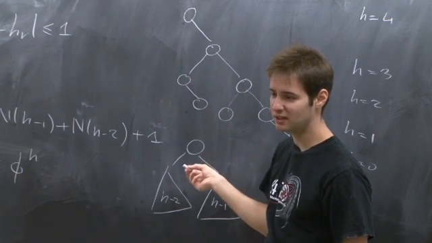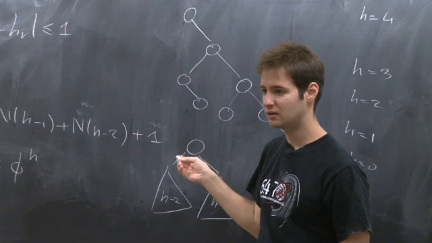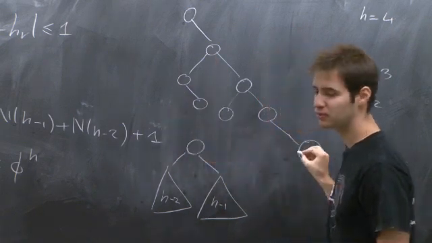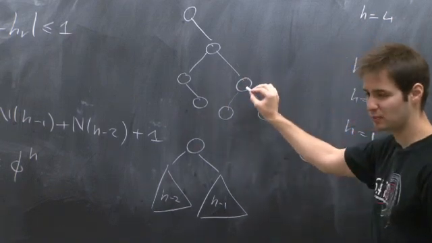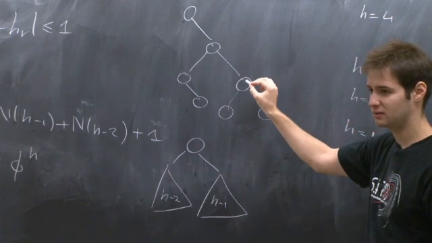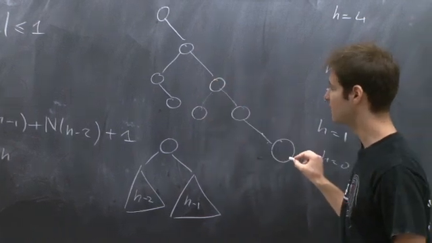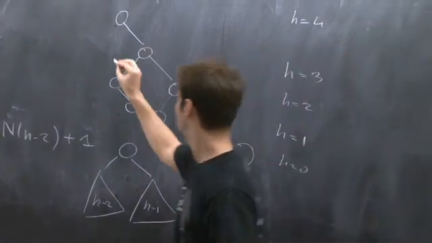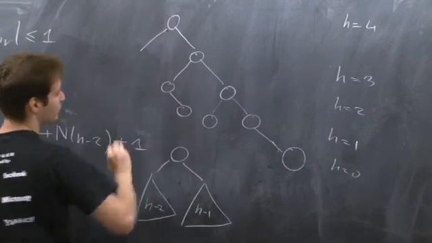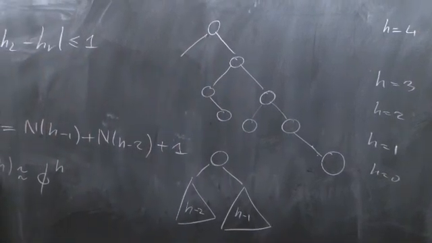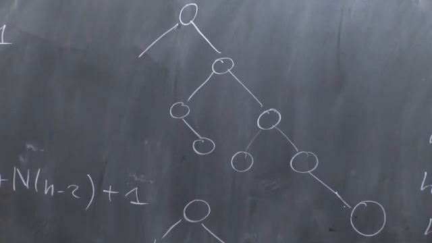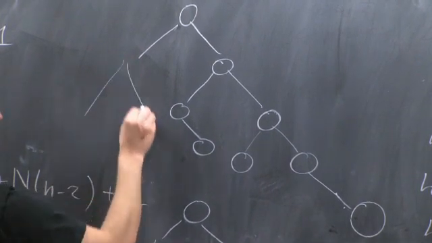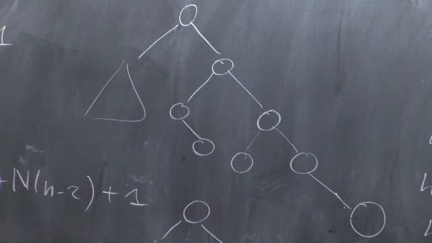The best AVL tree that I know that has height 3. I have to get to height 3 using as few nodes as possible. So I'm going to use this guy because it has as few nodes as possible and it has height 3. So this covers my right side. Now for my left side, what am I going to use here? Another AVL tree that has as few nodes as possible, right? So I'm definitely keeping that. But what's going to be the height of that?